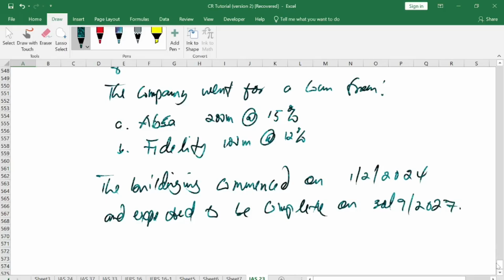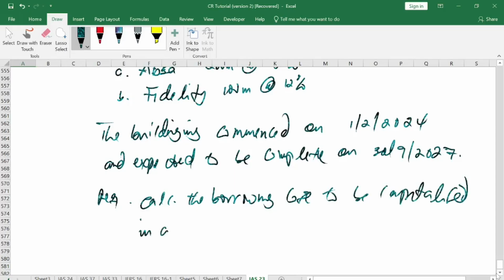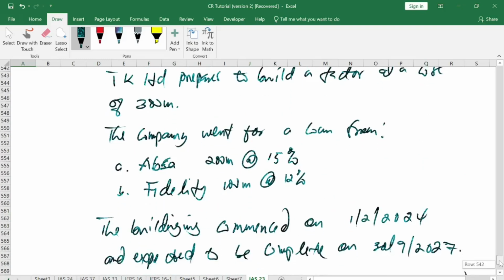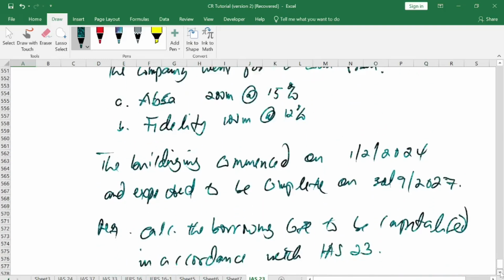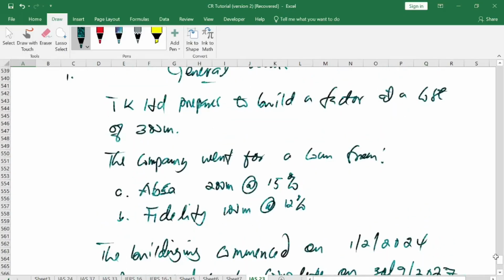Required: calculate the borrowing cost to be capitalized in accordance with IAS 23. So how do you deal with this matter? This is what you call general loans for your project.